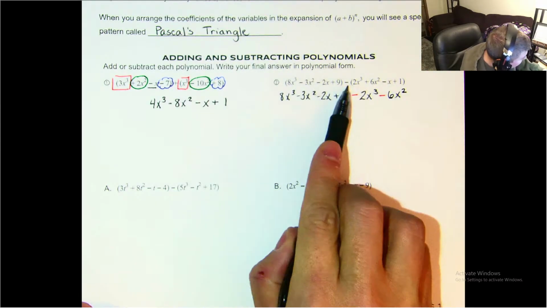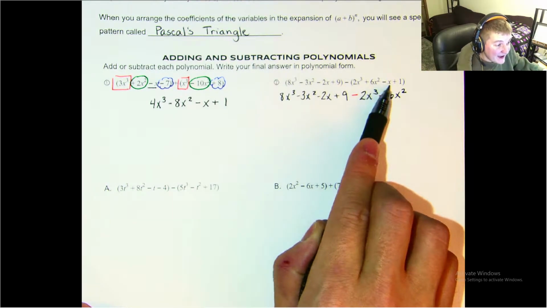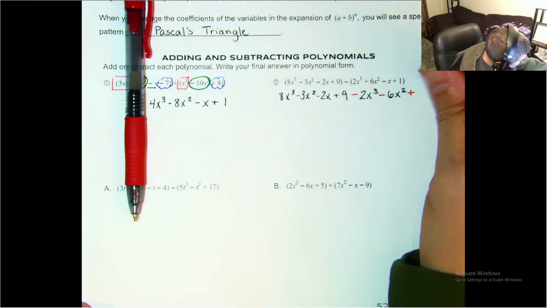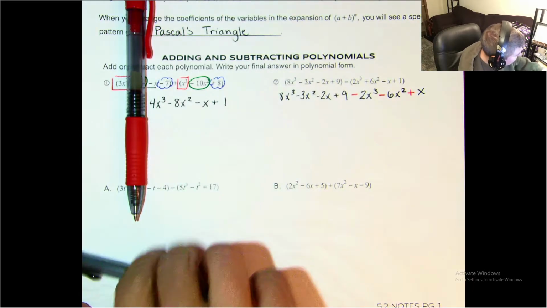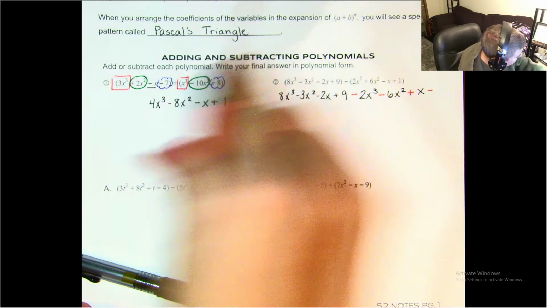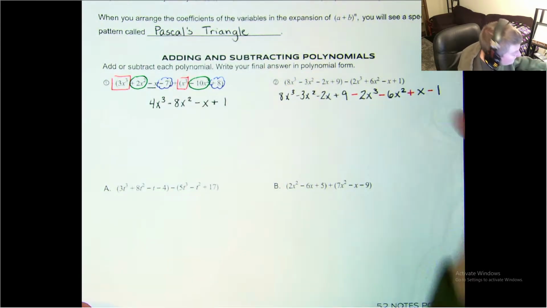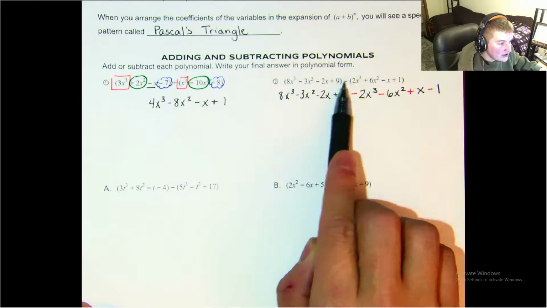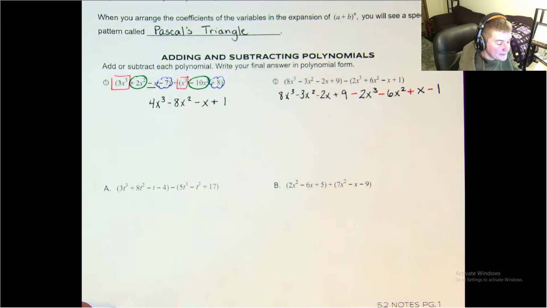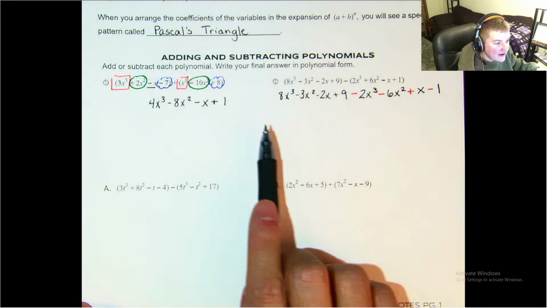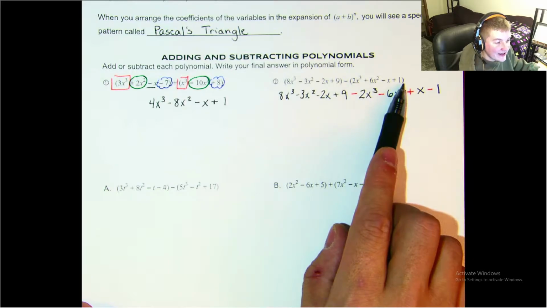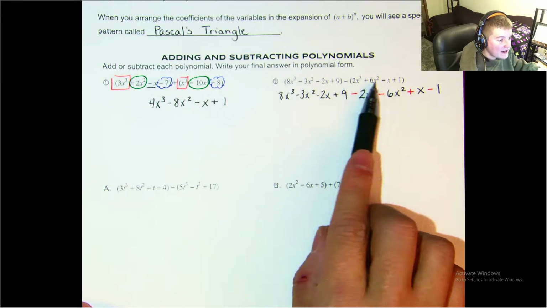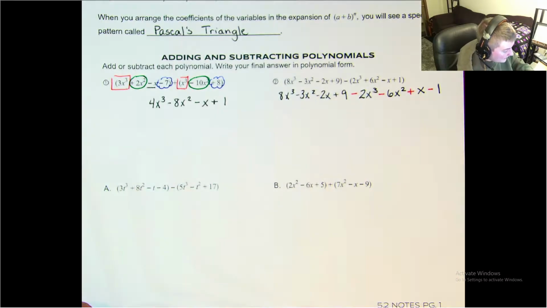And if I'm subtracting a negative x, that's the same as me adding x. And if I'm subtracting a positive 1, that's the same as me minusing 1. Okay, so really, if you notice, all I did here is I just distributed a negative 1 to each of these. All of these just changed the sign. Okay, now that I've done that, I've distributed this negative, I've changed this into, just me subtracting and adding where necessary. Now I can combine my like terms.